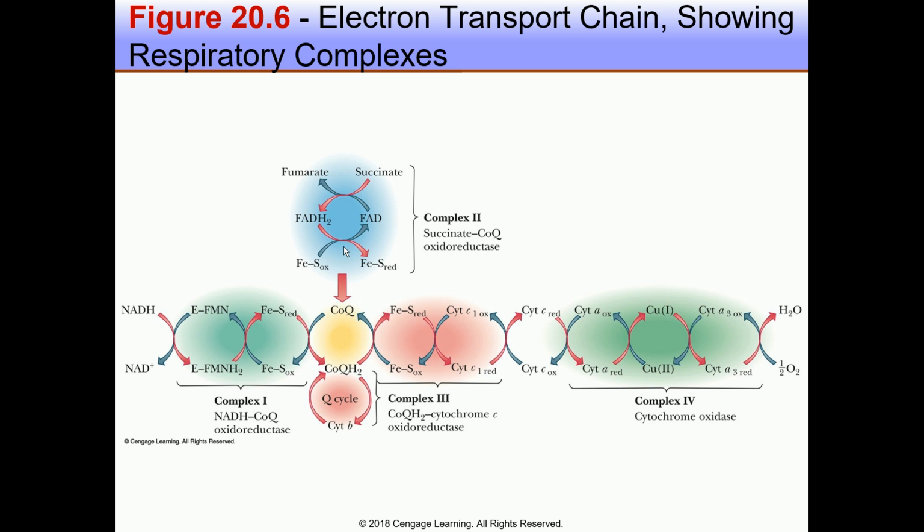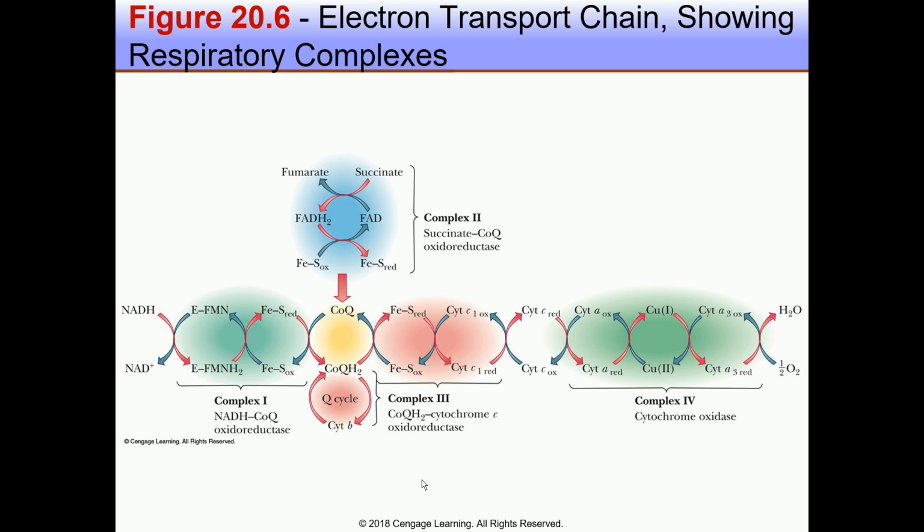And this FADH2, which is the reduced form of FAD, delivers the electrons to the proteins present in complex number 2, and these proteins have iron and sulfur in them. So when FADH2 itself gets oxidized, it reduces the proteins which have iron and sulfur in them, and then these iron and sulfur containing proteins transfer the electrons to coenzyme Q, then coenzyme Q gets reduced, and these proteins get oxidized.